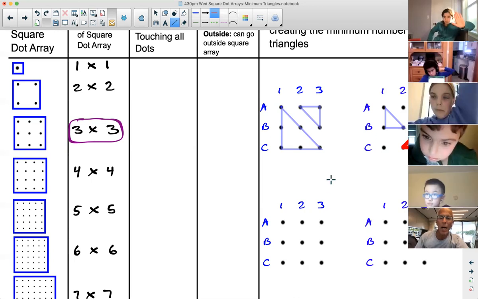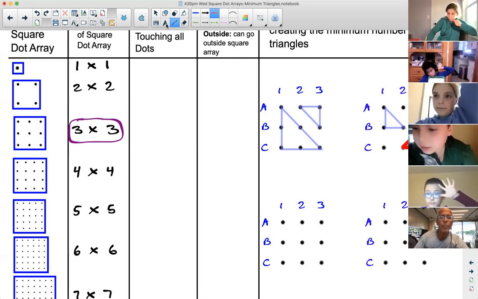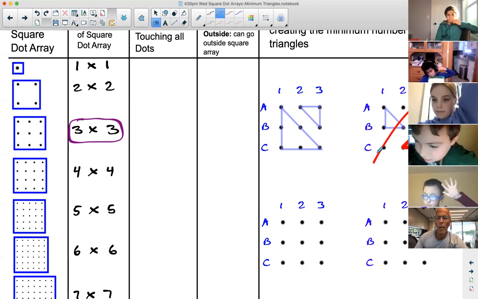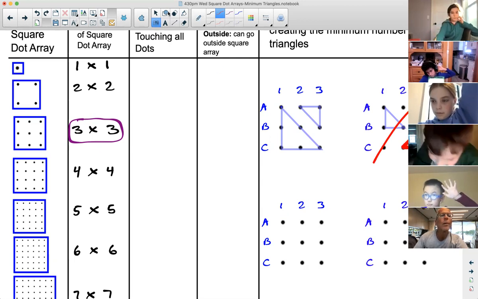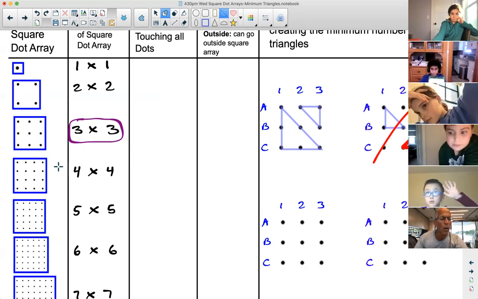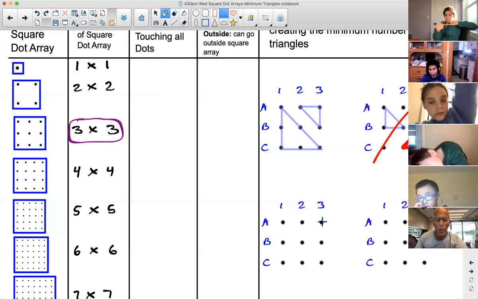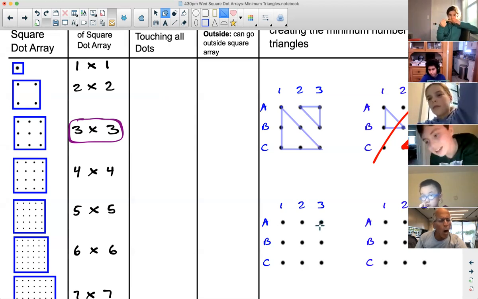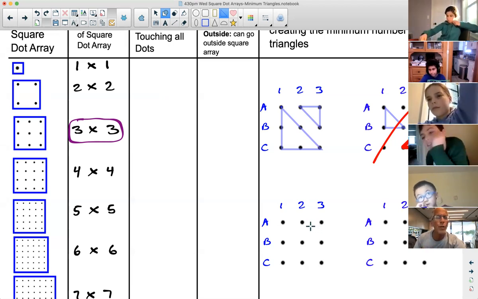Now, Tess, give it a shot. I did one big triangle from C all the way to the 1. You mean C1? You've got to give me two coordinates for each point.